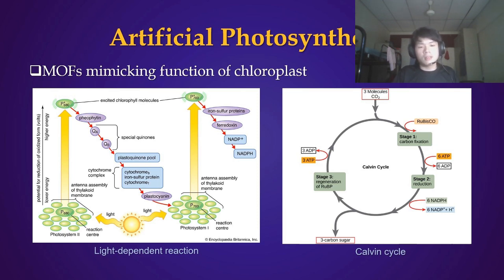It is excited again by light energy, passed through another series of proteins, and finally accepted by a special molecule called NADP+. This NADP+ turns into NADPH and is used in the Calvin cycle to produce sugar.